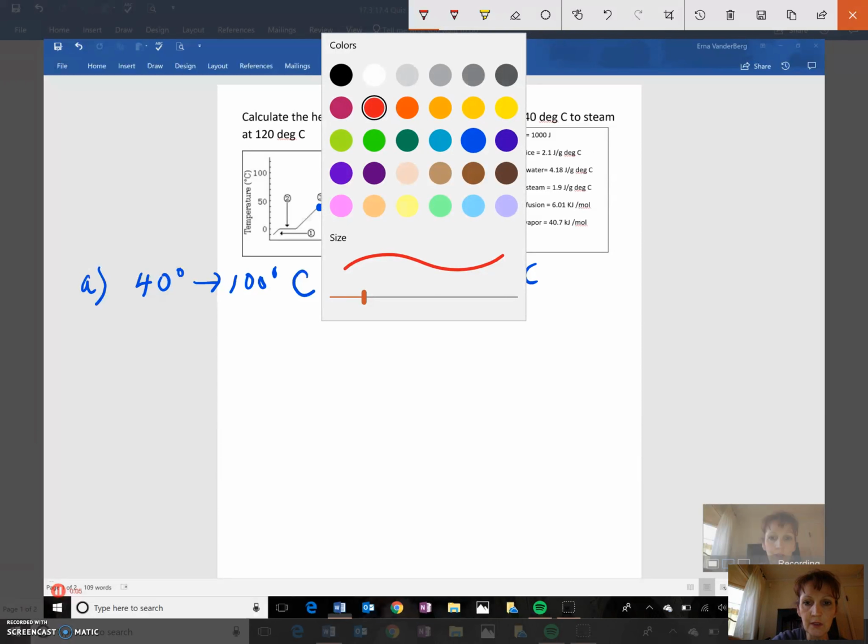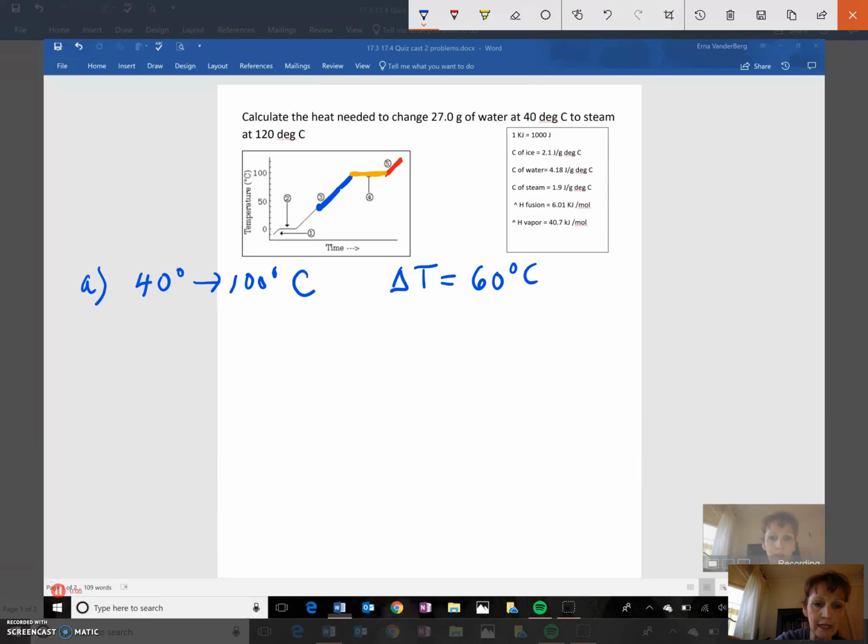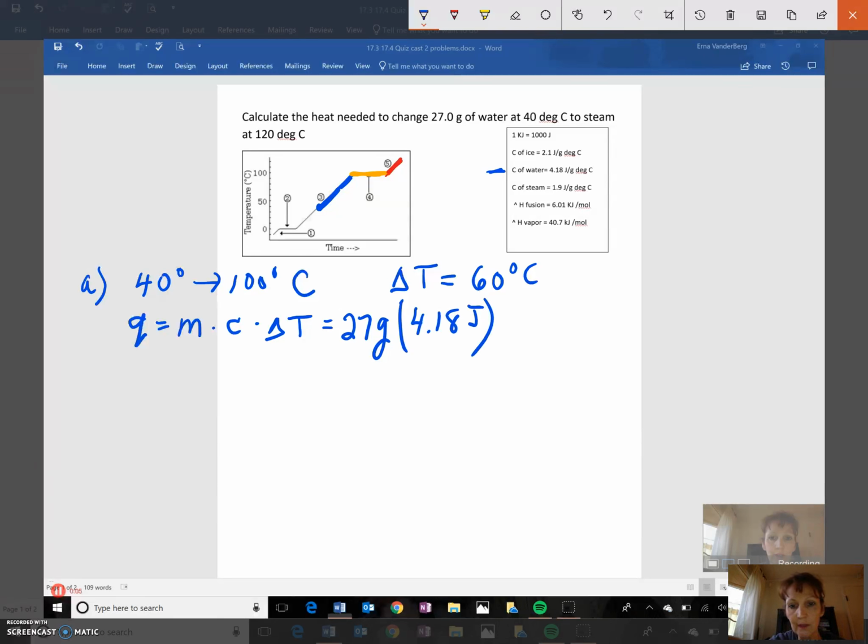So let's finish part A. You remember Q is equal to the mass times C times the change in temperature. Let's plug right in on the screen. 27 grams. C of water, you have to choose your correct C value. It's 4.18 joules per gram degree Celsius.